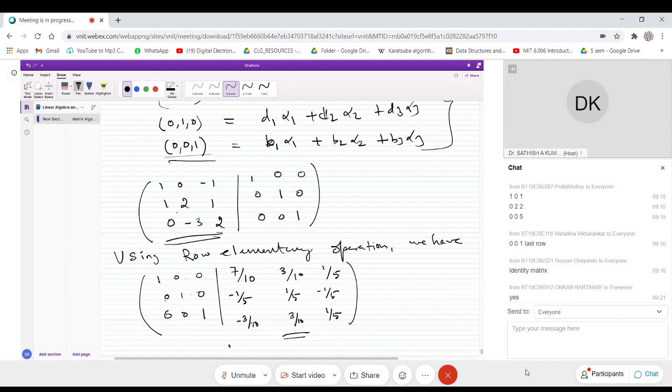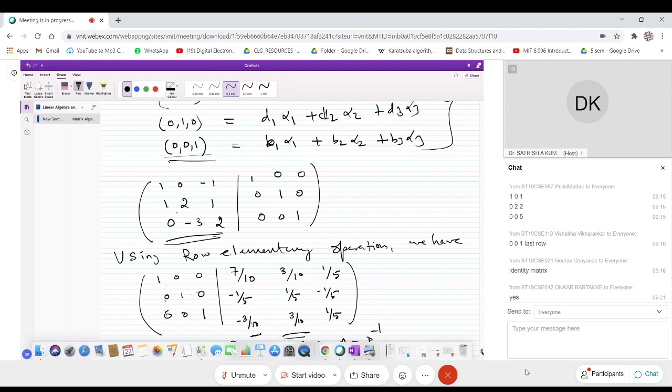Don't ask me, sir, whether you will subtract these two again and all. If you do that, then you won't get an invertible matrix. Because what I know is that invertible matrix means P into the matrix A equals I, or you can say A equals P inverse. If I multiply this P with A, then I should get an identity matrix. That is the approach we are following here.